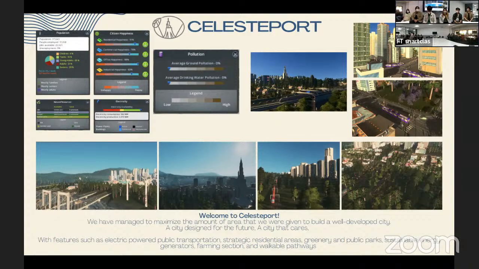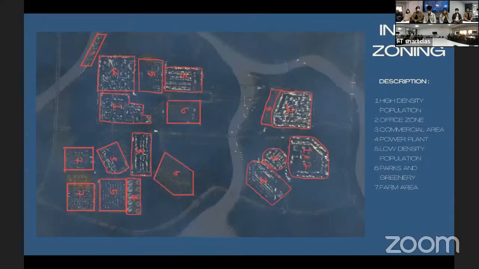We have managed to maximize the amount of area that was given to us to build a well-developed city, a city designed for the future, and a city that cares for the people. With features such as electric-powered public transportation, strategic residential areas, greenery and public parks, sustainable energy generators, farming sections, and walkable pathways. Next slide, please.